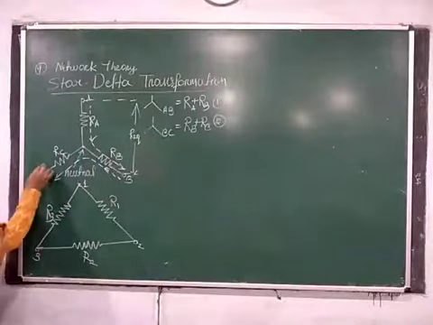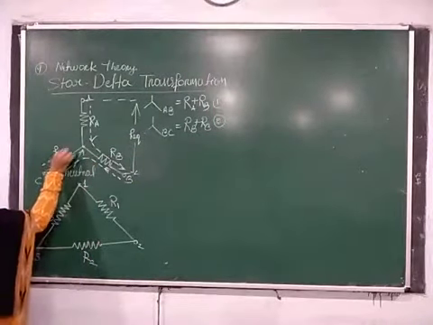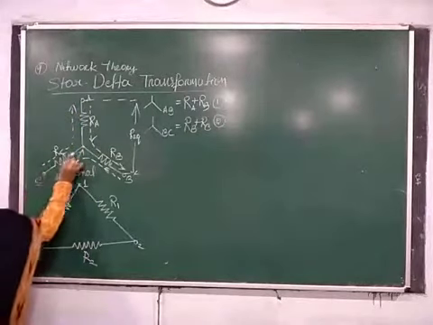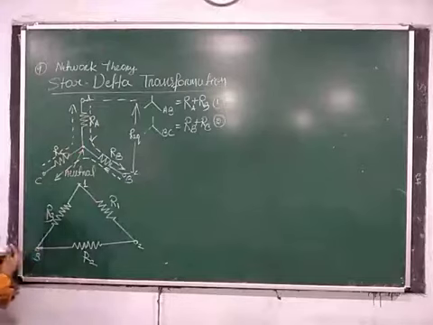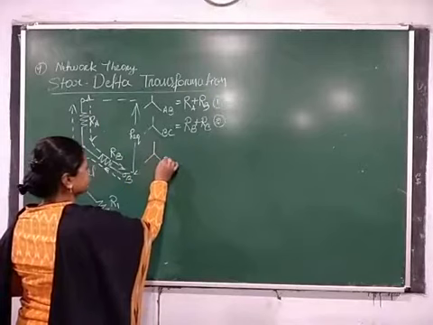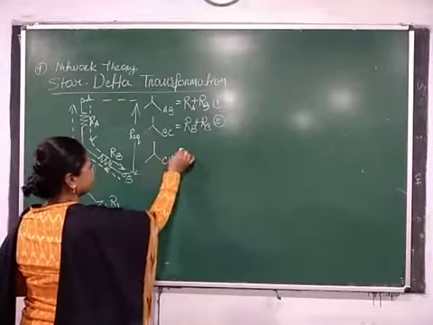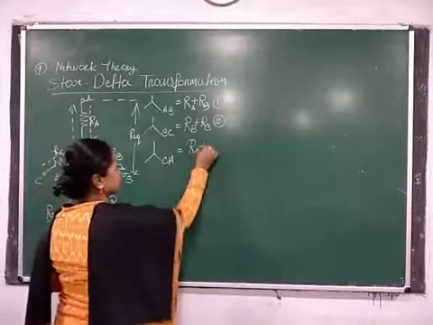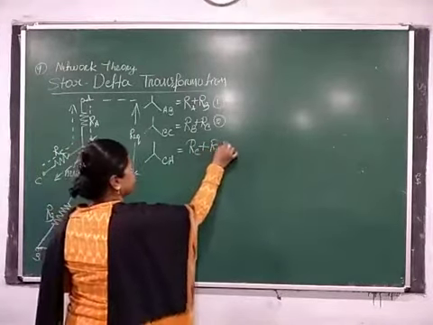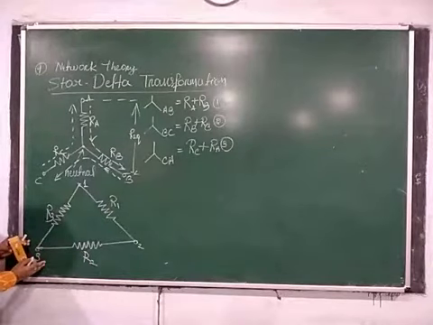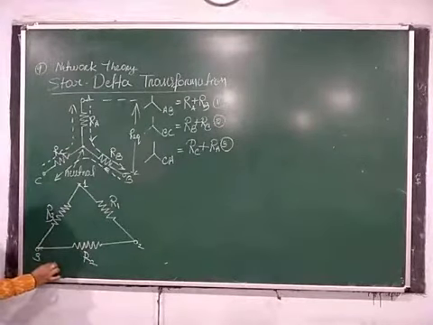Similarly, the equivalent resistance between terminals C and A: these are in series. So, in star connection, resistance between C and A is the addition of the resistances RC and RA. Take it as equation number 3. Now, you find equivalent resistance between any two terminals in delta connection.